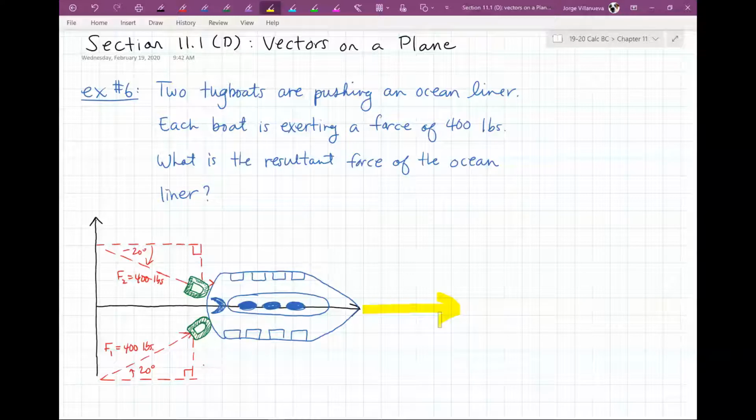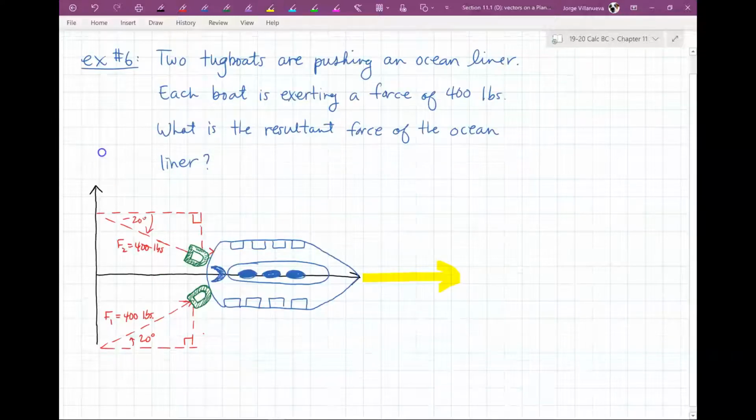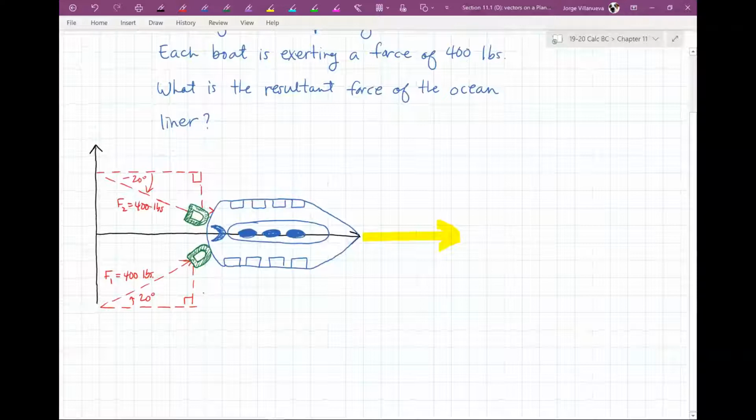So in order to figure out resultant force, you have to know how it works. To find the resultant force, you're going to add up all the other forces that are there. So there's force 1, which I think is the bottom tugboat. I labeled it, and force 2 would be the top tugboat.